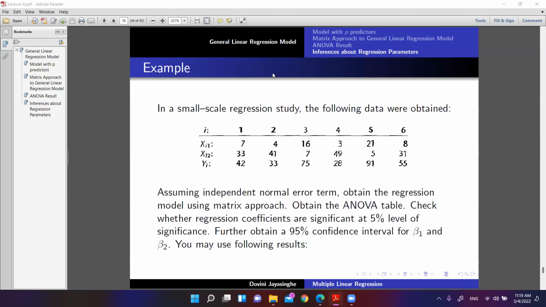Now you can simply start constructing the ANOVA table by computing SSR, SSTO, and SSE, then the mean squares, degrees of freedom, and all that. Thank you for responding. Others also, please come up with answers.